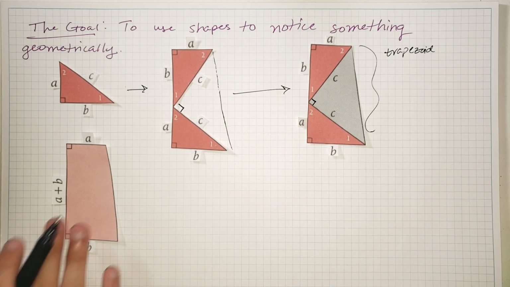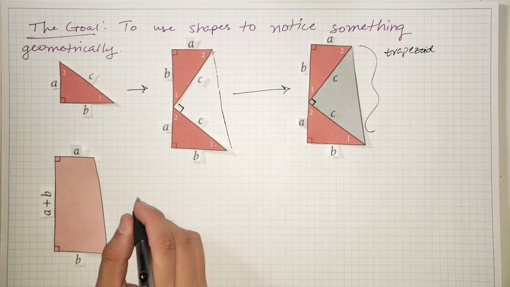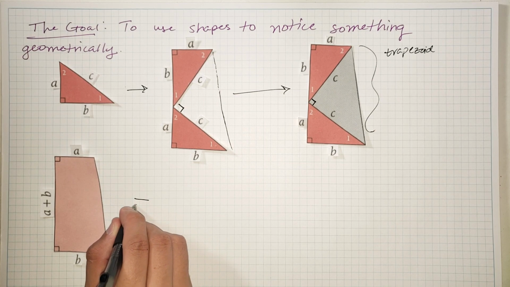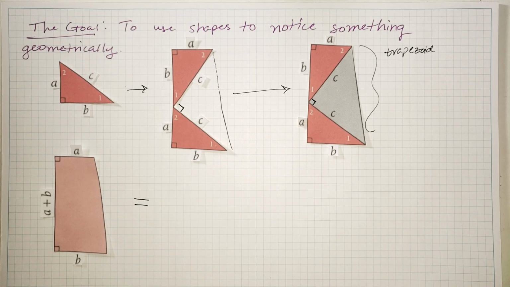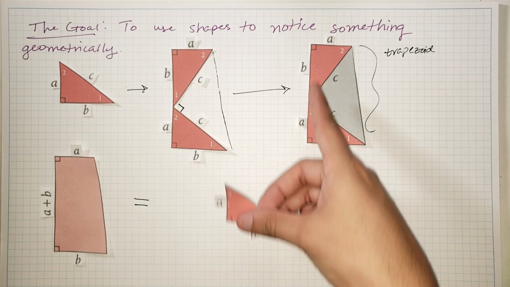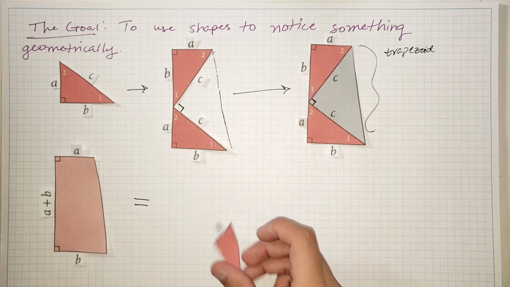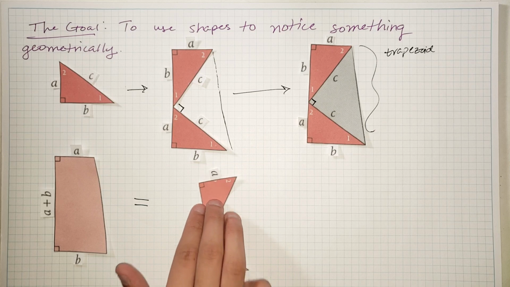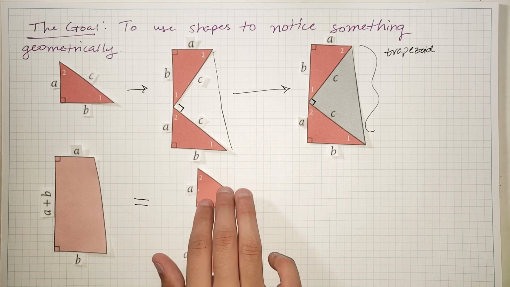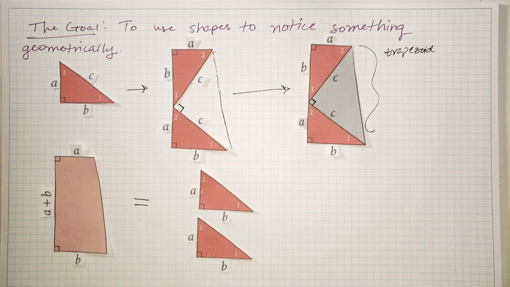So now here's what we're going to do. We now know that this trapezoid is equal to 2 of these red ones. Geometrically these are the same, so it's equal to 2 of the red ones like that.